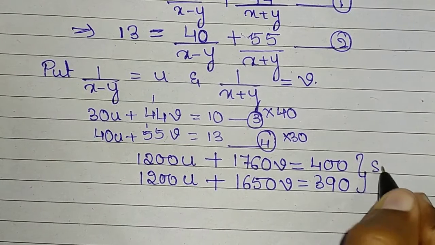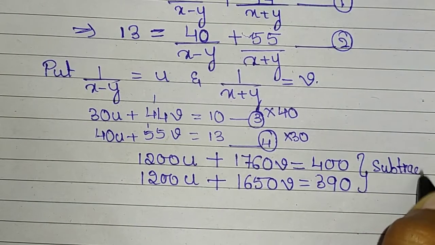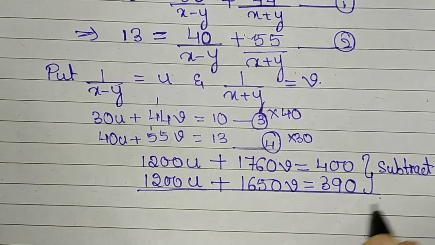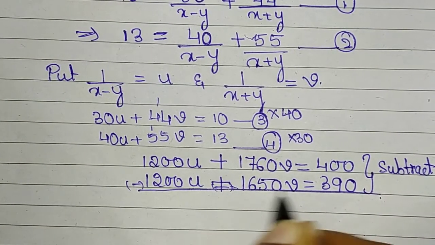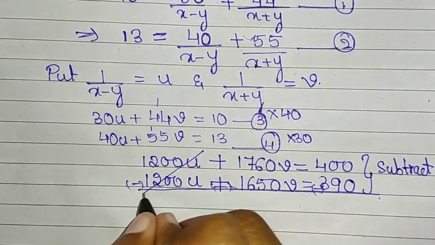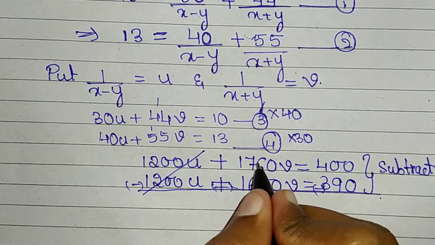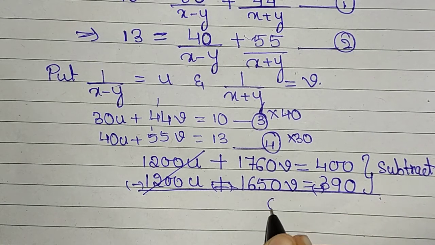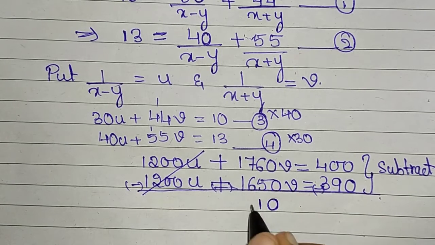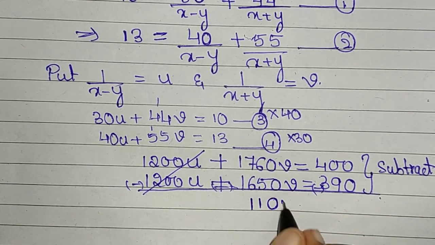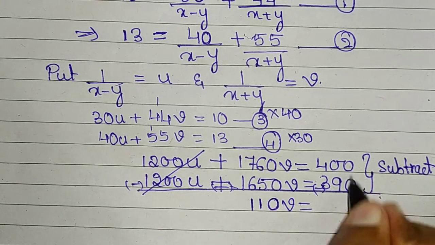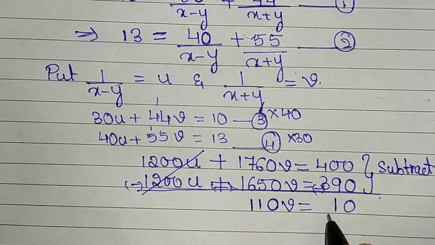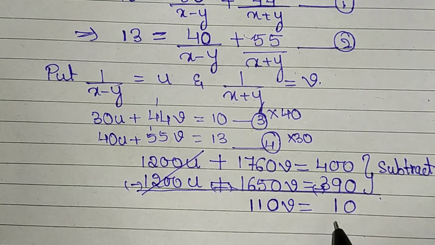So let us subtract them. After cross multiplying the coefficients, we subtract the equations to eliminate the variable. 1200 minus 1200 cancels each other. 1760 minus 1650 is 110, so 110v is equal to 400 minus 390, which is 10.